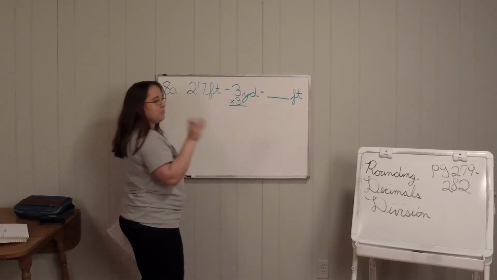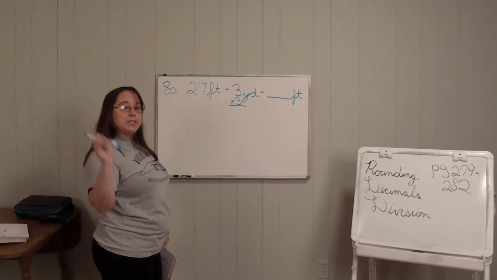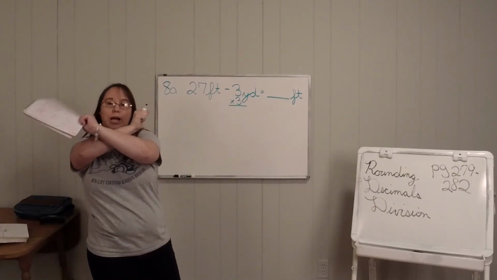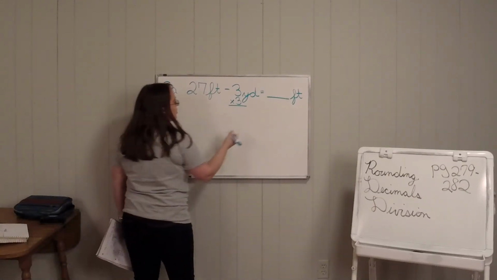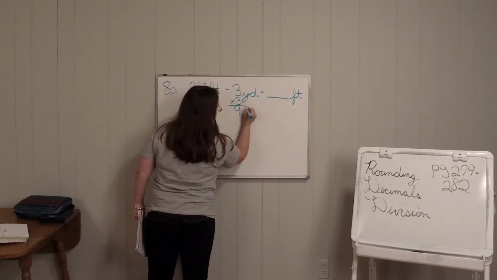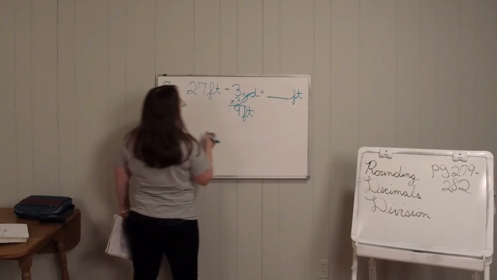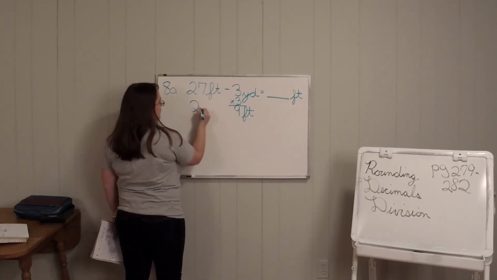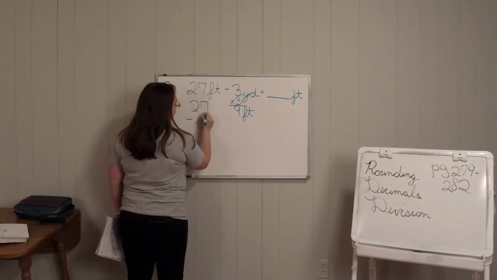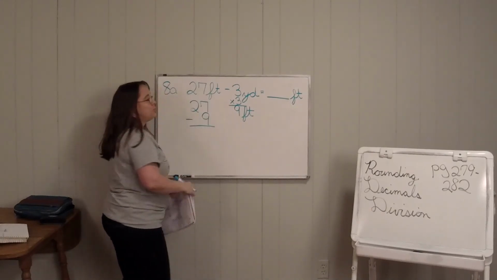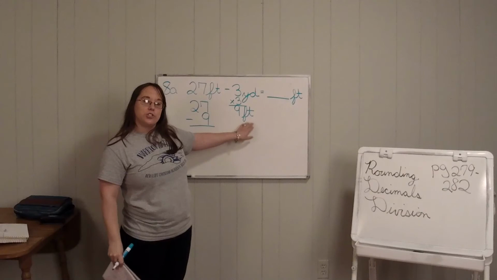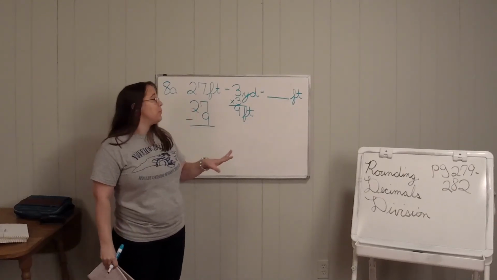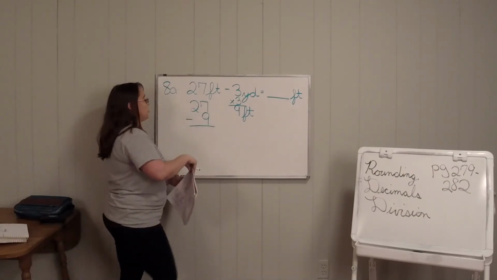Because you're going from a bigger unit of measure to a smaller, you're going to multiply. So 3 times 3 is 9 feet. So then you're going to say 27 minus 9. I told you, you cannot forget those conversion charts. Got to remember them. Then you would do your subtraction.